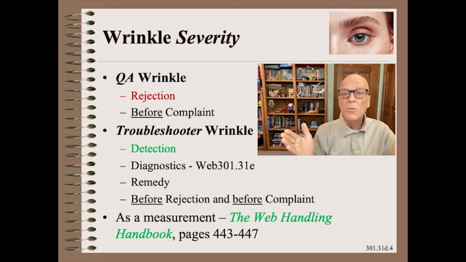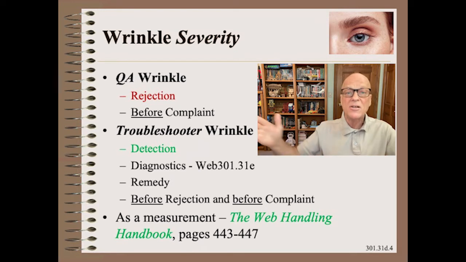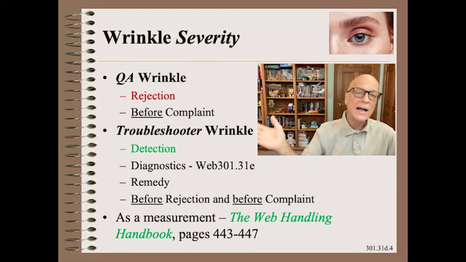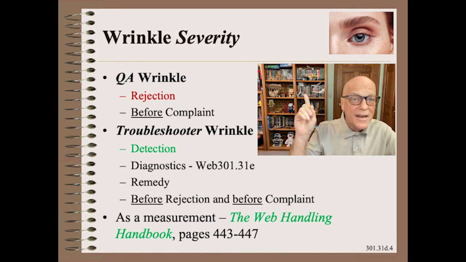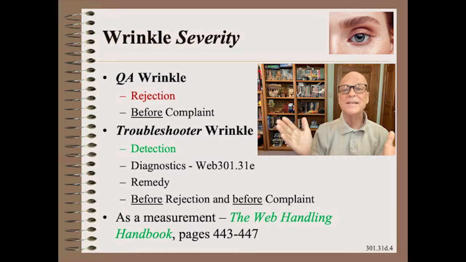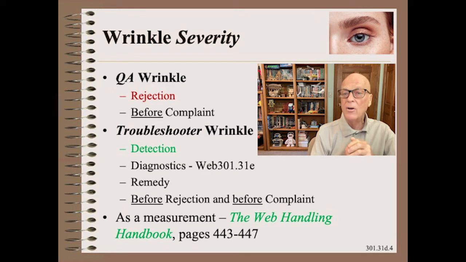The troubleshooter will also be viewing flatness throughout the web line, not just at the end as is most common with QA. Of course, subjective measurements are sometimes a bit unsatisfying. We would instead love to have quantitative measurements. The great news is that we have several excellent and easy metrics for wrinkle severity that are well documented on pages 443 to 447 in the must-have Web Handling Handbook.